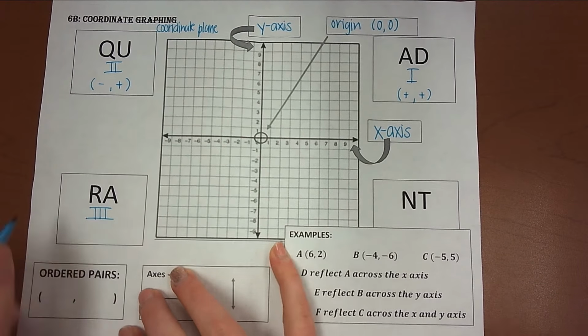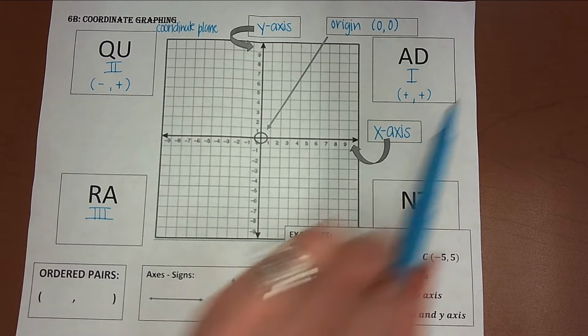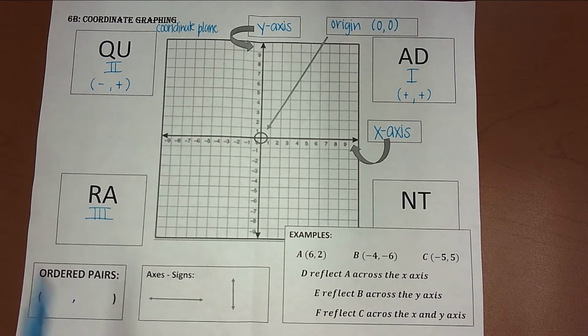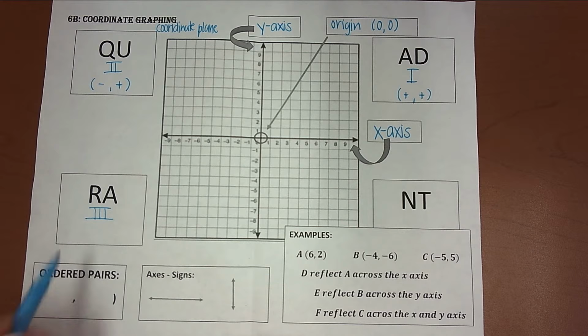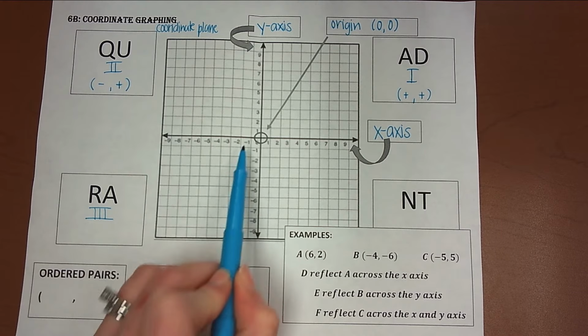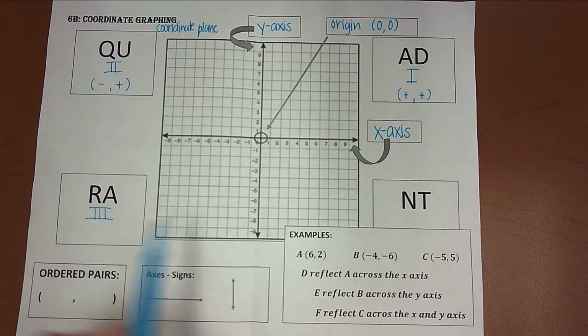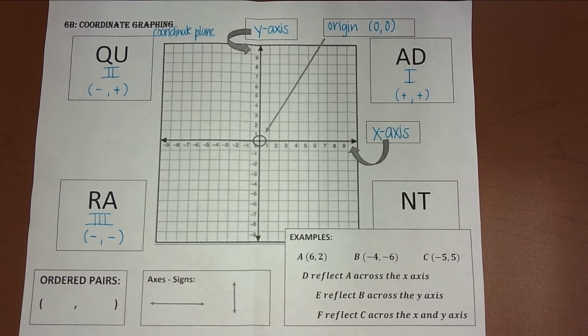I'm writing these with Roman numerals because that's typically how we label quadrants. We label them with Roman numerals 1, 2, and 3, but we call them quadrant 1, 2, and 3. In quadrant 3, you can see that my x values are negative and my y values are negative. And so these ordered pairs will all be 2 negative numbers inside parentheses separated with a comma.